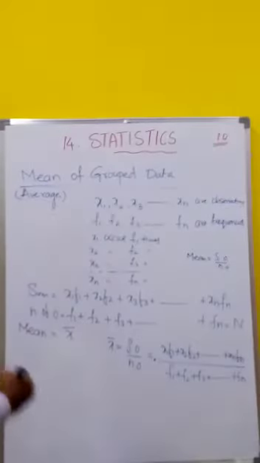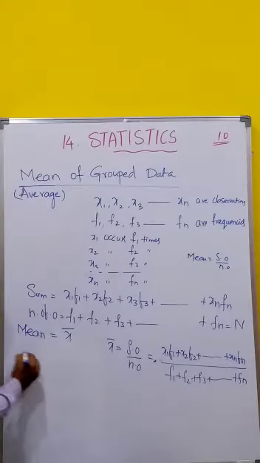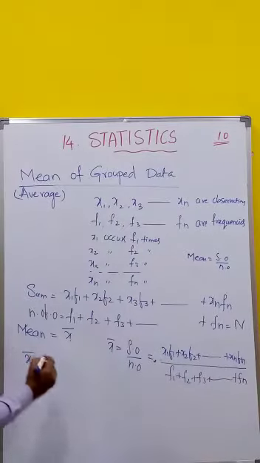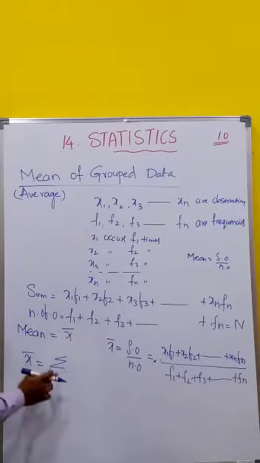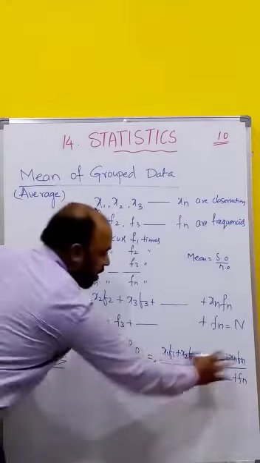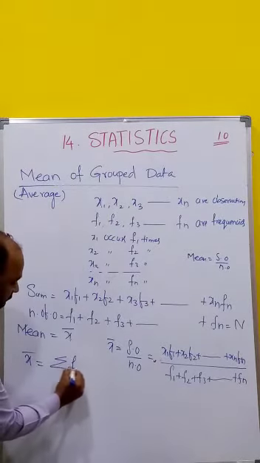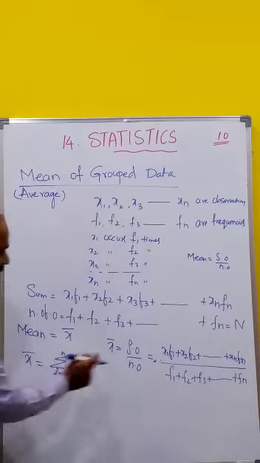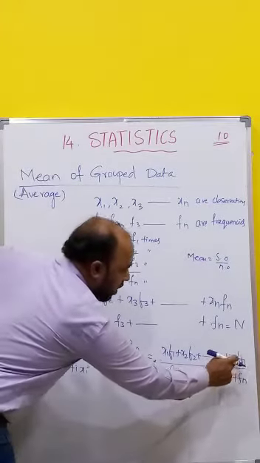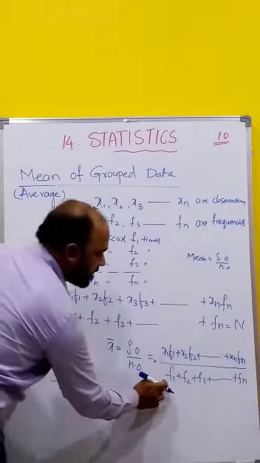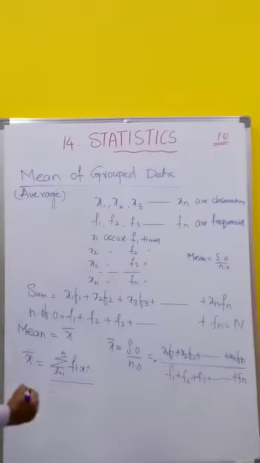This can all be written in short form. This whole thing is the sum of the terms, so I am writing sigma here. This is the Greek letter sigma. Sigma is also called summation. Summation means sum of the terms. Sigma fi xi, where i goes from 1 to n, that is 1, 2, 3, and so on, divided by the denominator f1 plus f2 plus f3, up to plus fn.